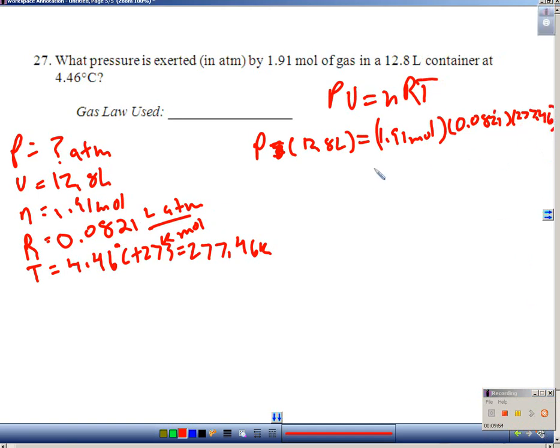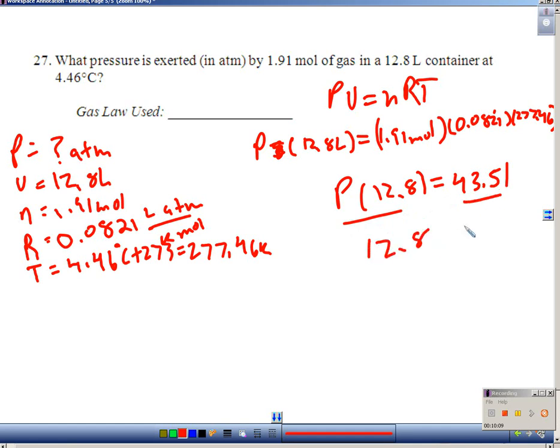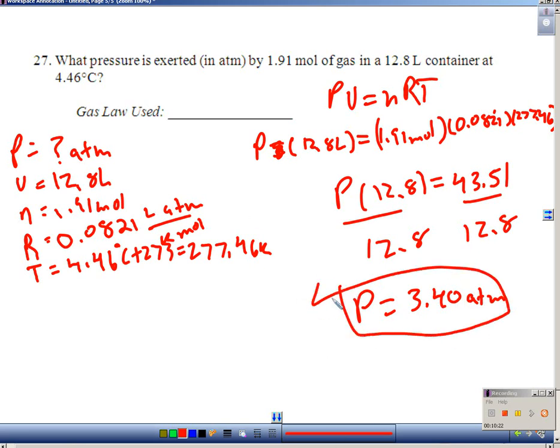Okay, so I multiply all that together. I get P times 12.8 equals 43.51, excuse me. So all these multiply together, divide both sides by 12.8. So P ends up being 3.4 atm. Okay? So, right number of sig figs, right number, right units.